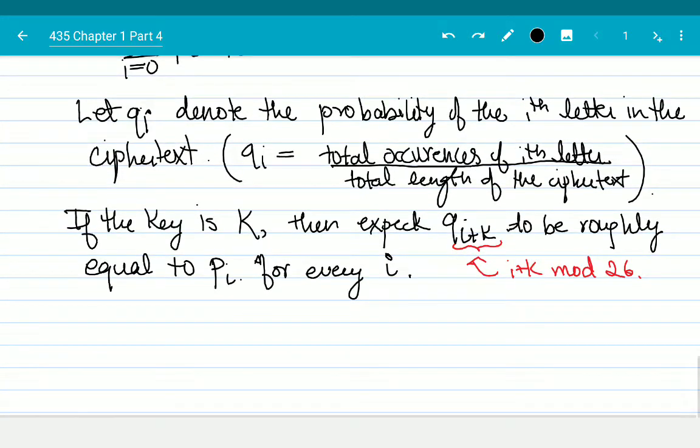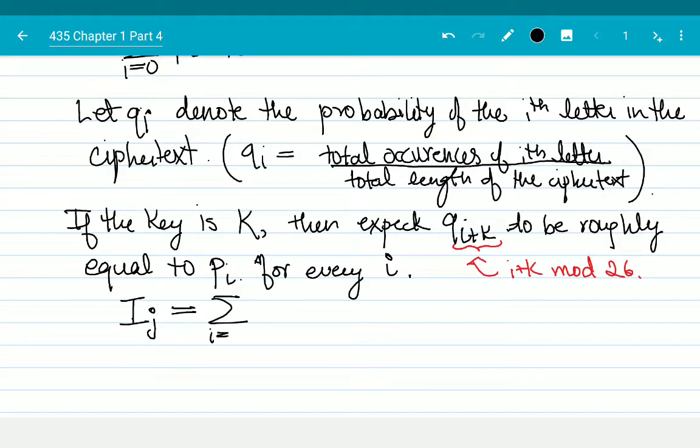So what we are going to do is, for every j, you calculate Ij, defined to be the summation for I equal to 0 to 25 of pi times q of I plus j.